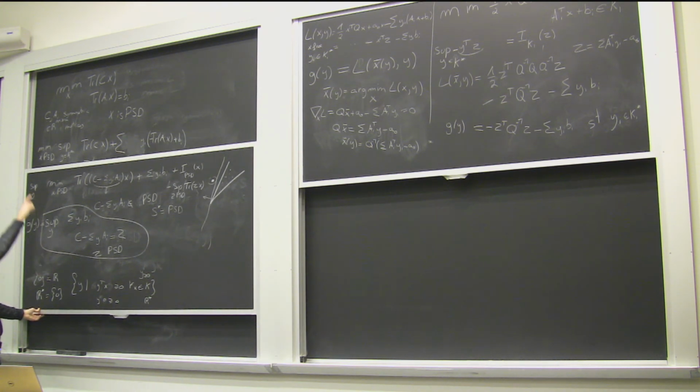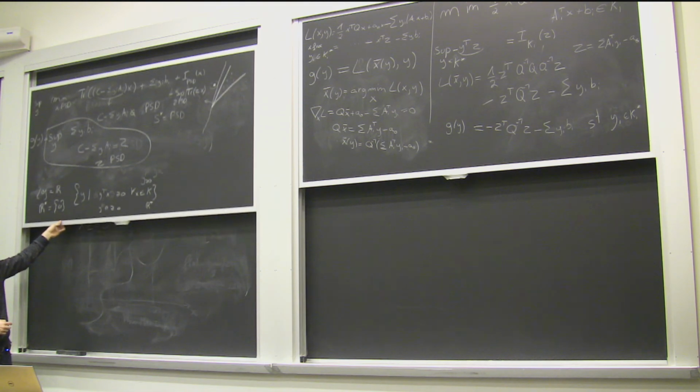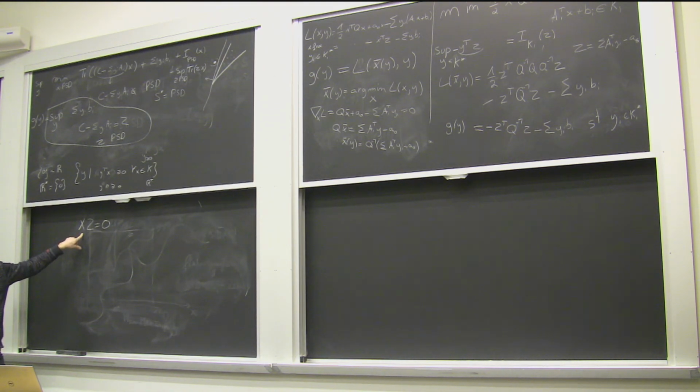If x is PSD, this equality holds, and this holds for y, and this also holds, then you know that x and y are actually the optimal values. So the KKT condition for the SDP is the feasibility of x and y plus this. And the problem with this is that it's nonlinear.